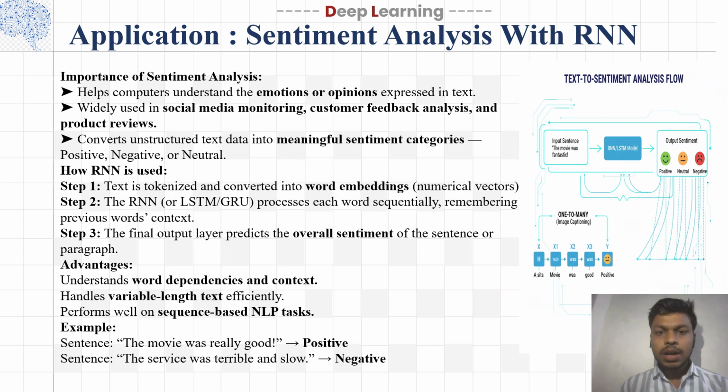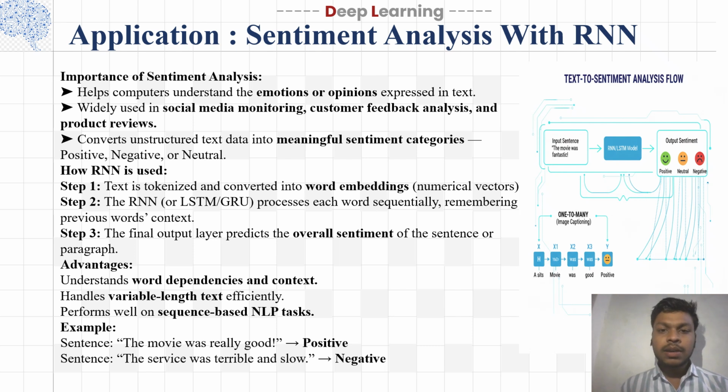Now let's see how an RNN helps in sentiment analysis. It helps a system understand human emotion from text. Like if a comment is happy, sad, or angry, this is used in social media, product feedback, and customer opinion study. In these tasks, text is first changed into numbers called word embeddings. Then the RNN reads each word one by one, keeping the link between old and new words.